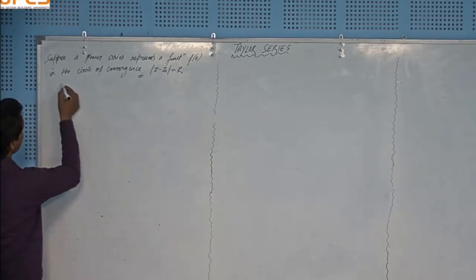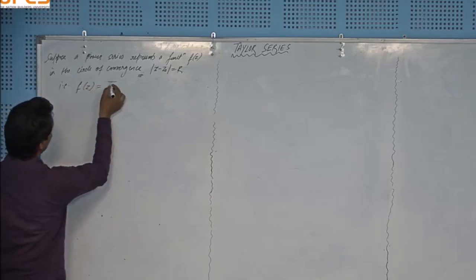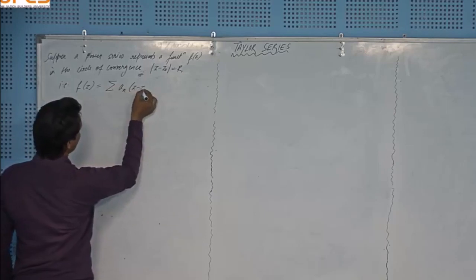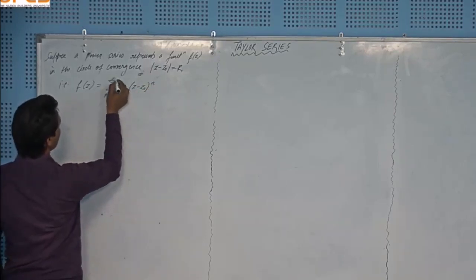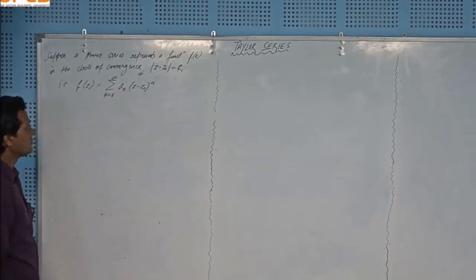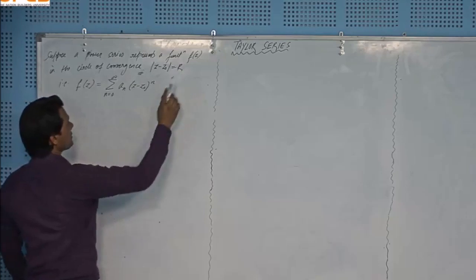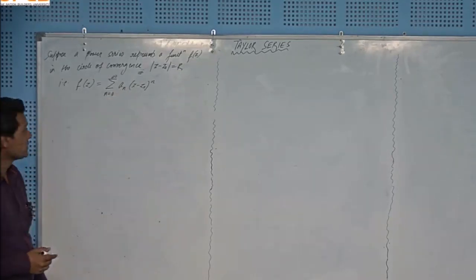So we can write it as f(z) is equal to the power series sum of a_n (z − z0)^n, where n starts from 0 to infinity, right? You can see that a_n is the coefficient of (z − z0)^n, and if I expand this, that will be an infinite series in powers of (z − z0), right?